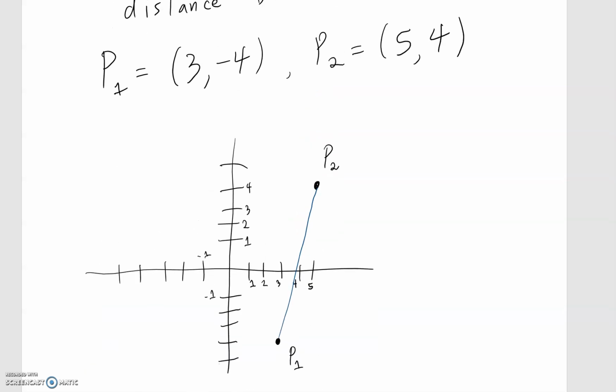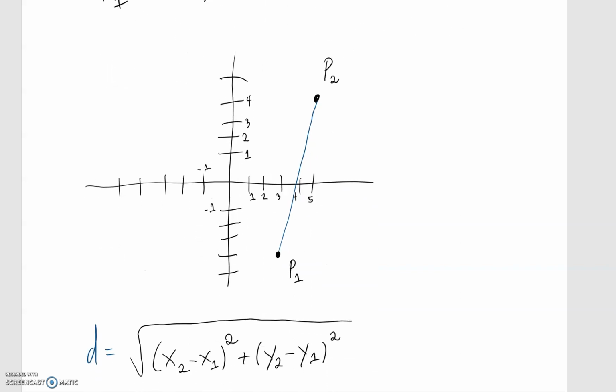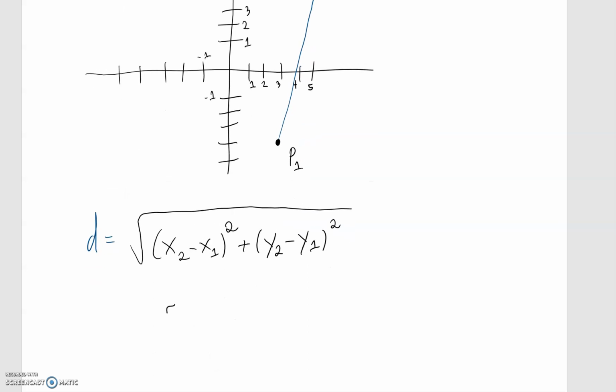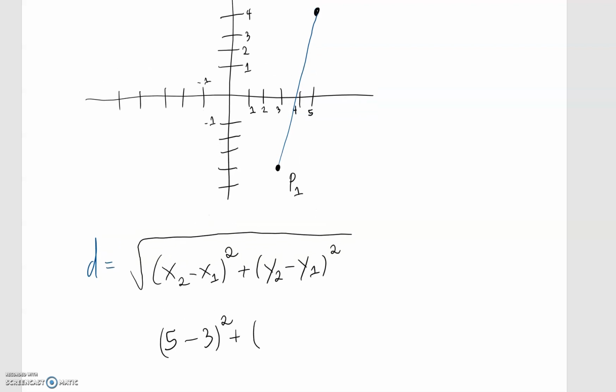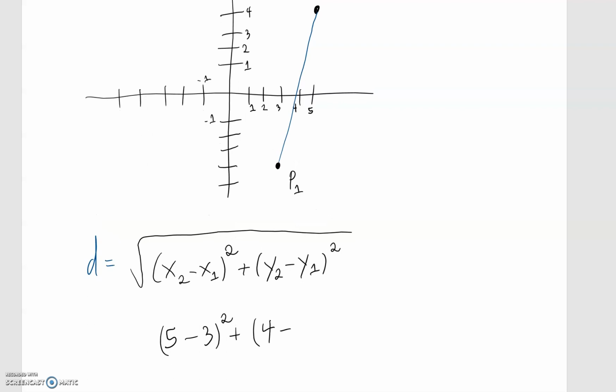I have my first and second point listed here, and now I'm just going to plug in those respective x and y coordinates into this formula. So x2, that would be 5, minus x1, which is 3, y2, which is positive 4, minus y1, which is negative 4. You must include the signs of those coordinates when you plug them into this formula.